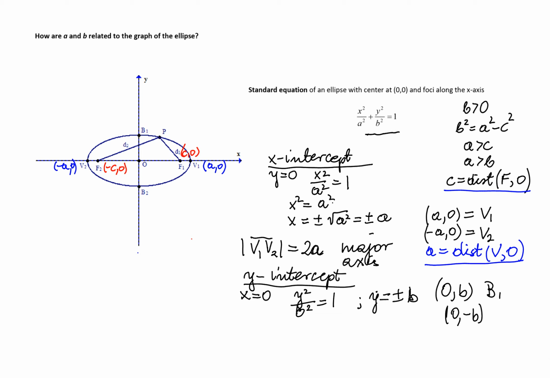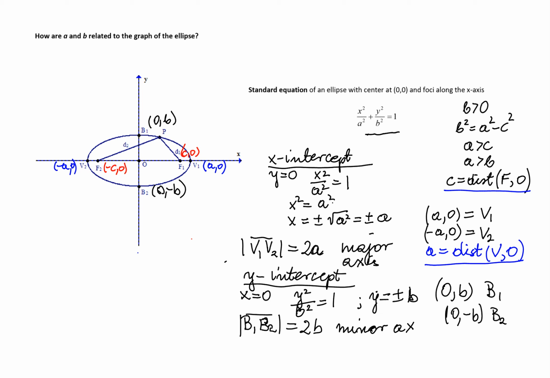But these are the points B sub 1 and B sub 2. So the point B sub 1 has coordinates (0, b), and B sub 2 has coordinates (0, negative b). And these are the endpoints of the minor axis, and therefore the length of the minor axis is going to be 2b. This is the minor axis.